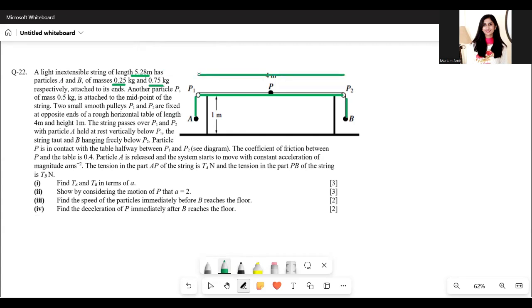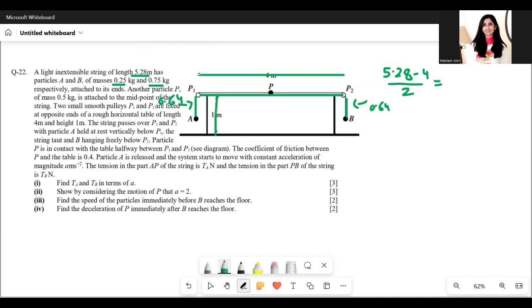So I can use this to get the length of this side of the string and this side of the string. I'll do 5.28 minus 4 and divide the answer in two parts. This gives (5.28 minus 4) divided by 2, which is 0.64. So this is 0.64 meters and this is also 0.64 meters.